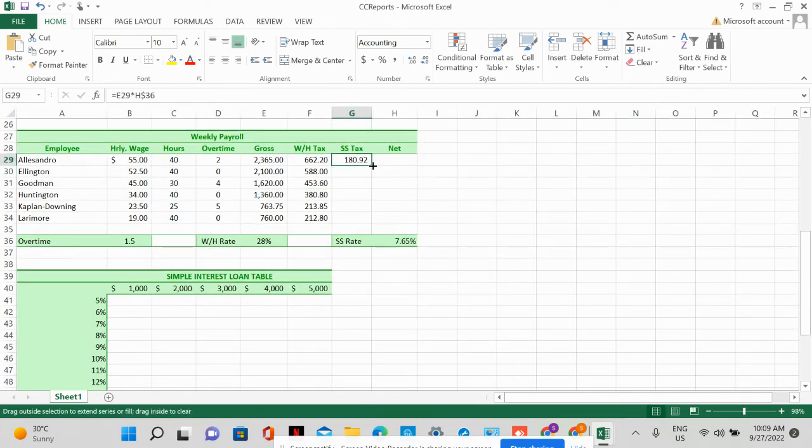And with the fill handle we will complete the rest of the cells.